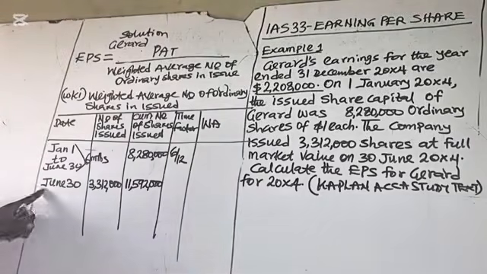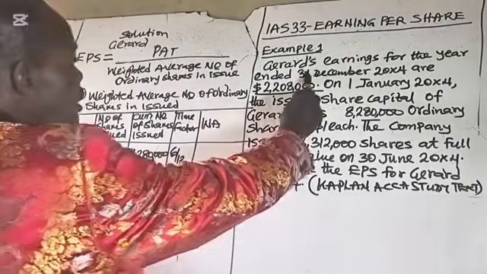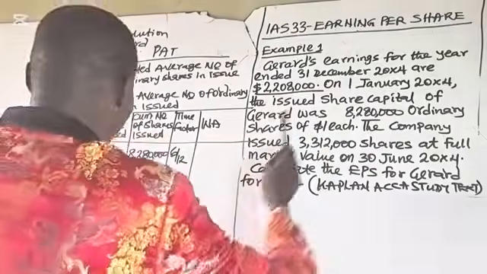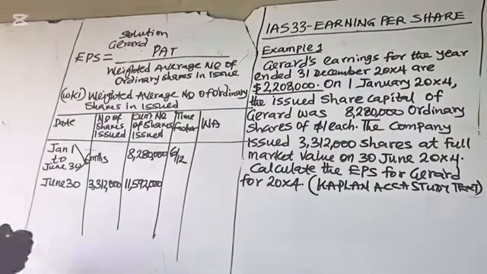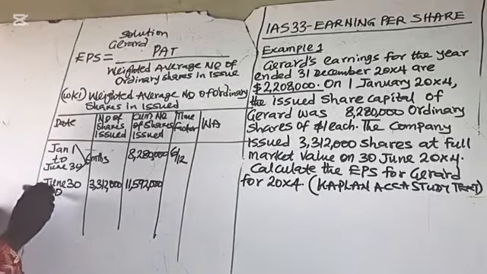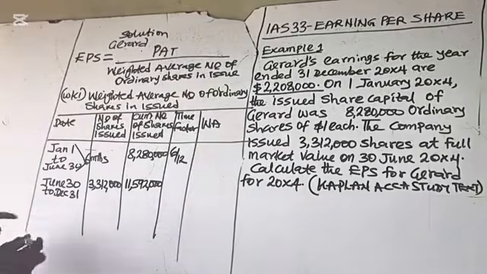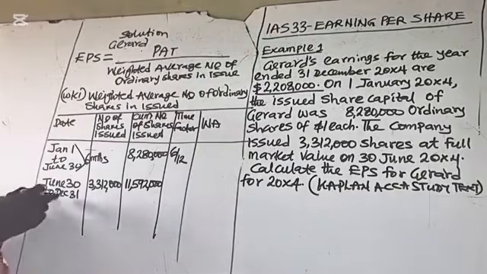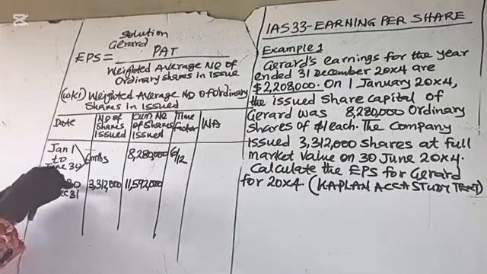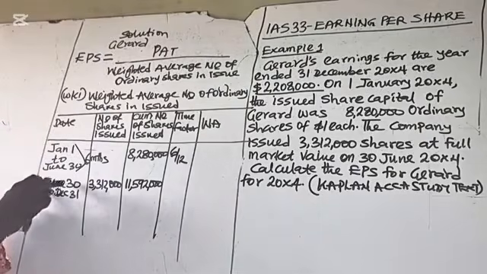This second issue will be in existence till December, since the year end of the entity is 31st of December 20x4. So this one will be in existence from June 30 to December 31st. You can't count June because it happened at the end of June. So you count from July to December.